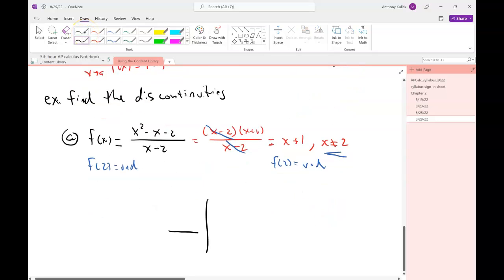Yeah, wait, Mr. Bullock, with that logic, can you just plug in any? So wait, how do you know it's undefined again?